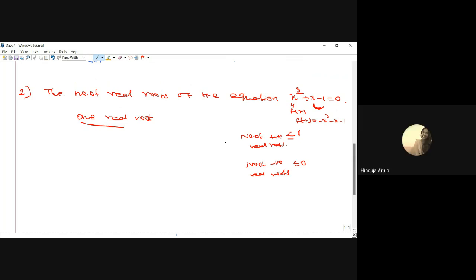Like the number of positive roots. Yeah, this is a theorem. Descartes' rule says if you take any polynomial f of x, or any equation f of x equal to 0, the number of positive real roots is less than or equal to the number of changes in f of x.